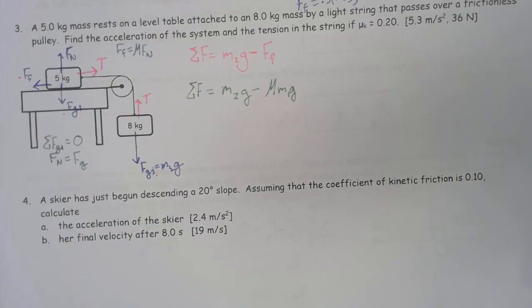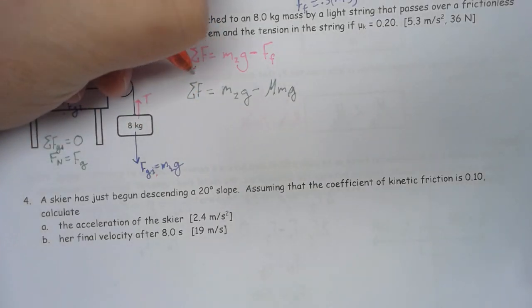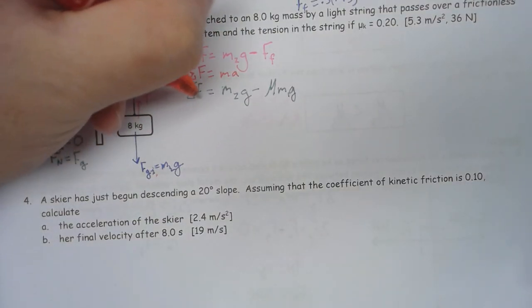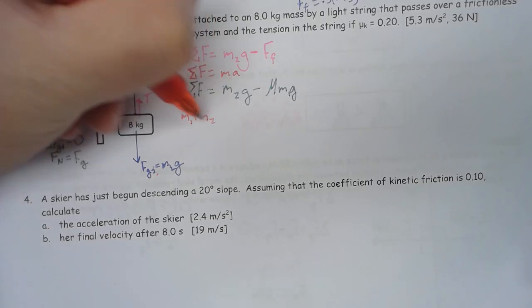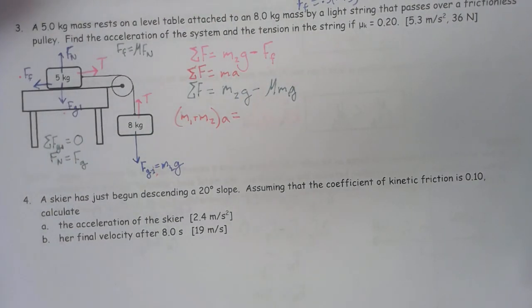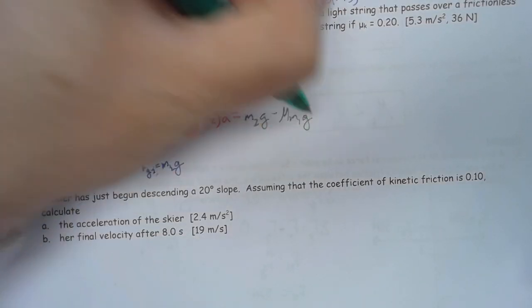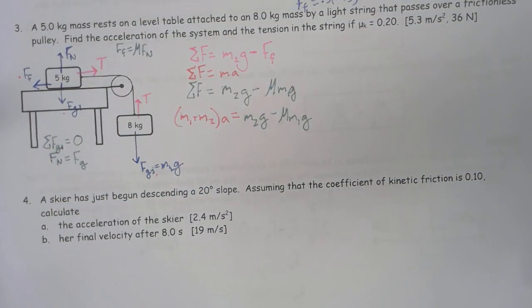So if I can say that the net force equals MA, I can also say that this side is both the masses, M1 plus M2, are being moved. And that will equal M2G minus mu M1G. I have M1, I have M2, I have G, I have mu. Just plug it in to find A.